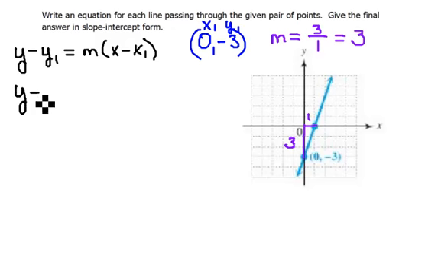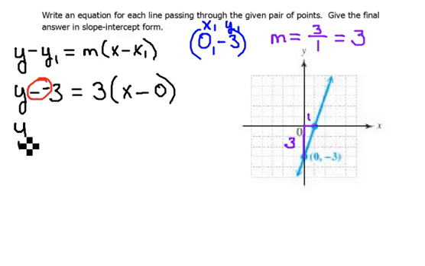So y minus our y1, which is -3, equals the slope, which is 3, times x minus our x1, which is 0. And now, don't forget, the double negative always is a positive. So that would be y plus 3 equals 3 times x, and 3 times 0 is 0, so we won't even worry about that.